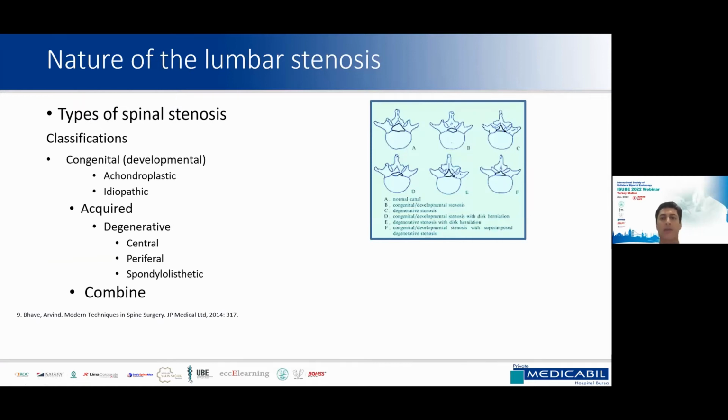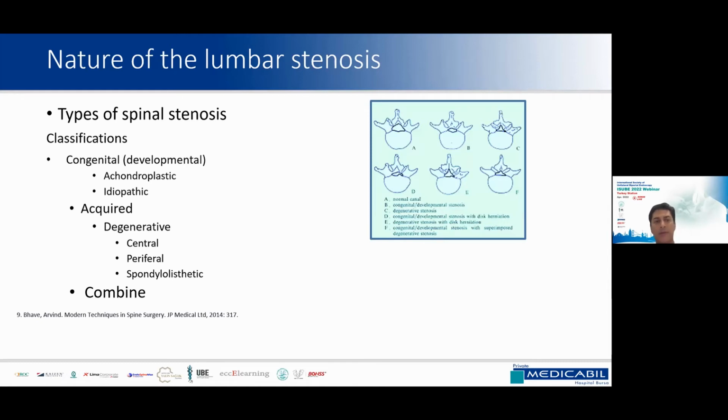First of all, I want to mention the nature of lumbar spinal stenosis, briefly, and I will start with the types of spinal stenosis. Actually, the types of spinal stenosis matter for endoscopic surgery. When you choose your portal placement, portal points, you should consider the type of spinal stenosis.